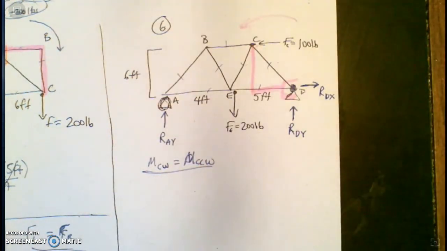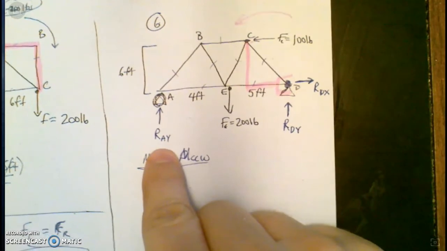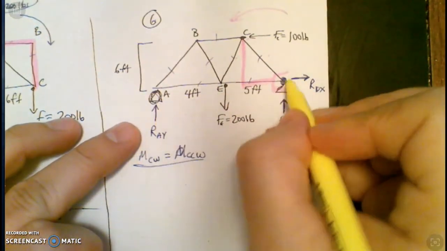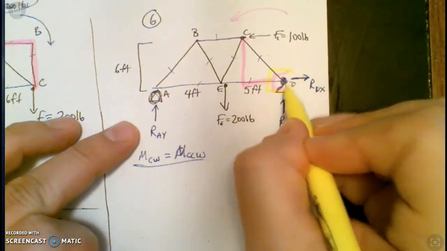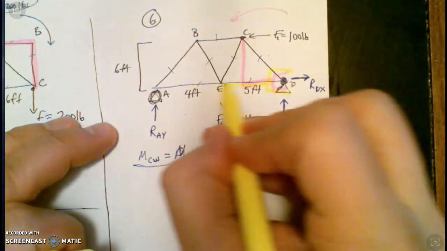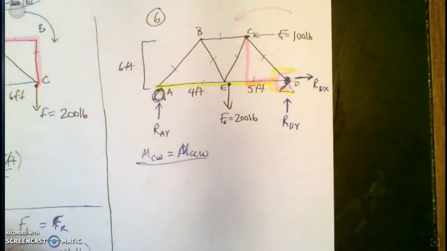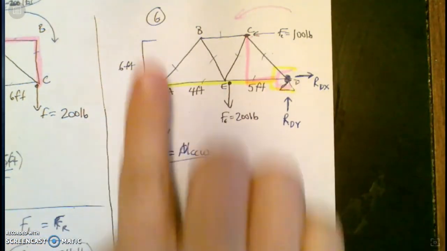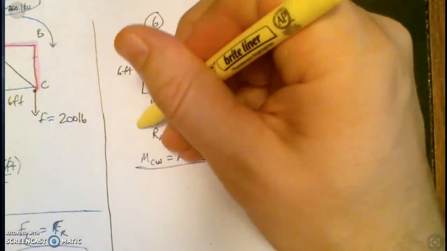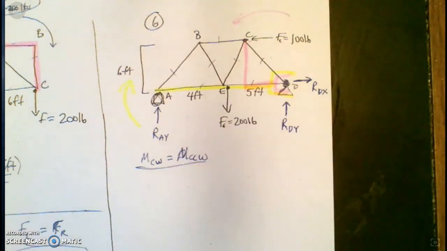Okay, there's another force, RAY, fighting that. Because if you think about it, if RAY is pushing up and I draw a wrench, hopefully you can see the yellow. Yeah, you can. I draw this wrench. RAY pushing up on a wrench there would be trying to spin the bridge that way.